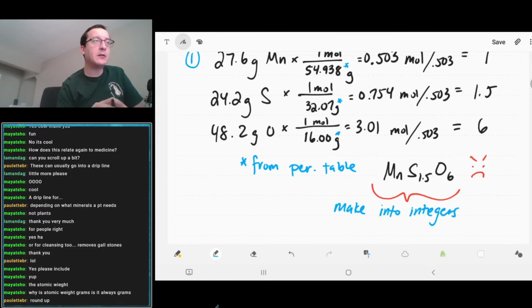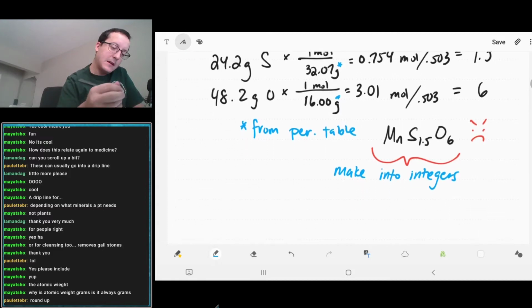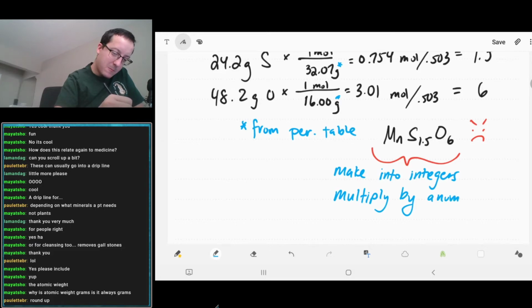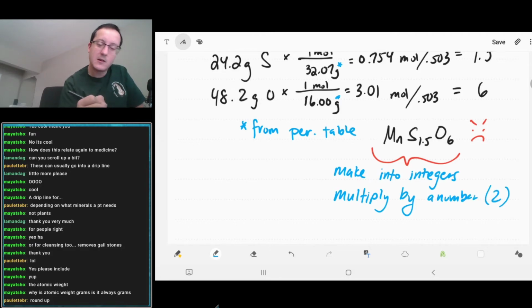How we're going to do that is we're going to multiply by a number, in this case 2, to make them into integers.